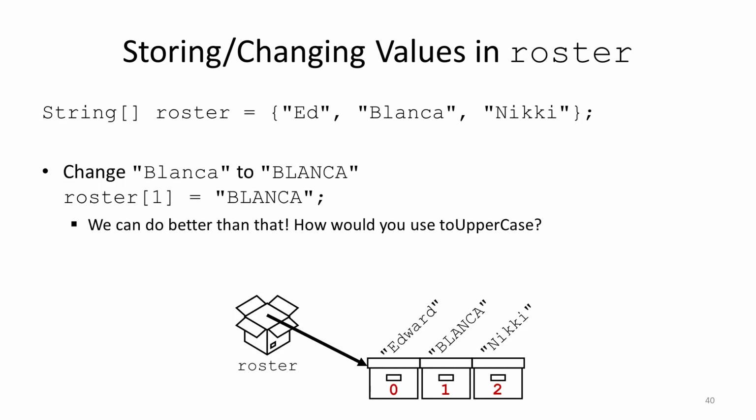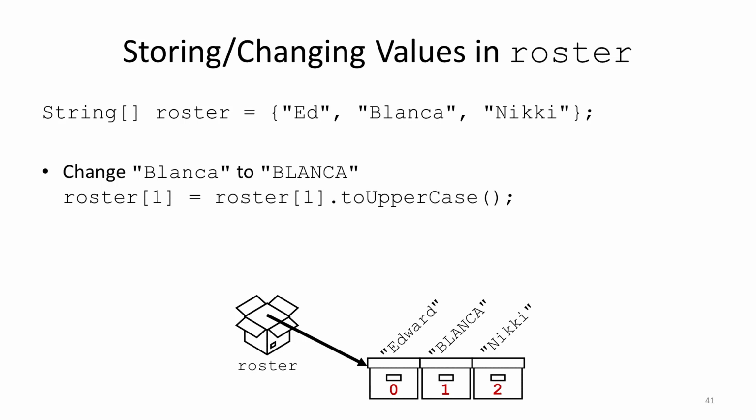How would you use toUpperCase for this example? Take a few moments and pause the video. It will look like this. Roster 1 equals roster 1 dot toUpperCase. Remember, you can treat array subscript or array index notation as that value.